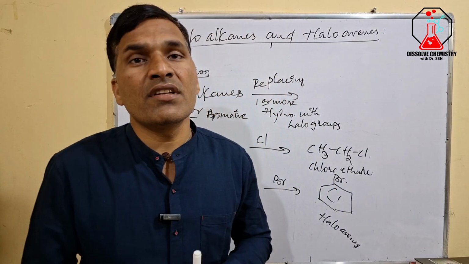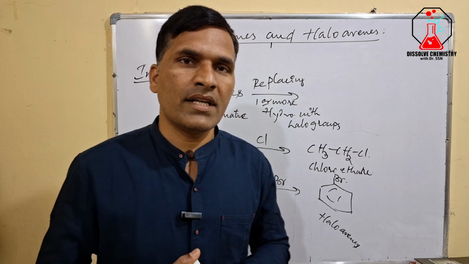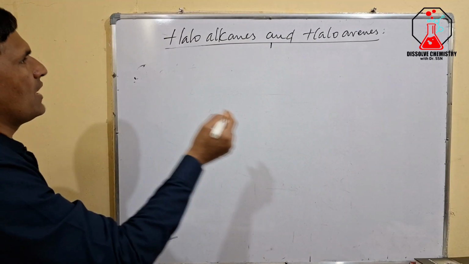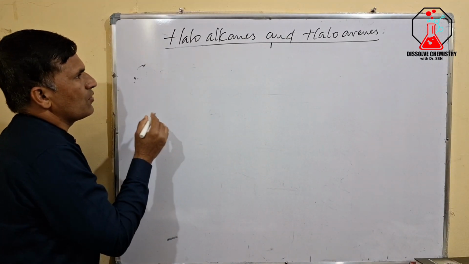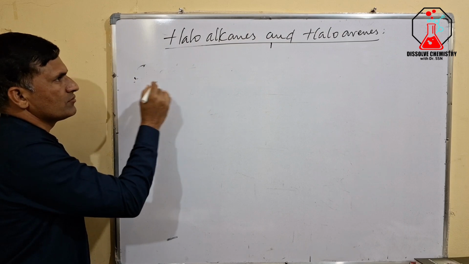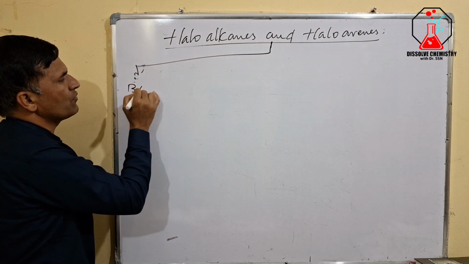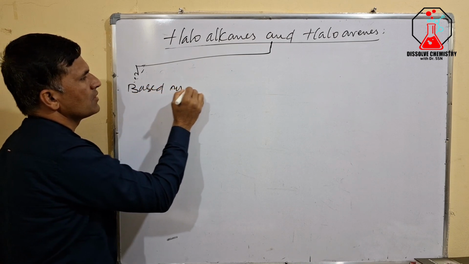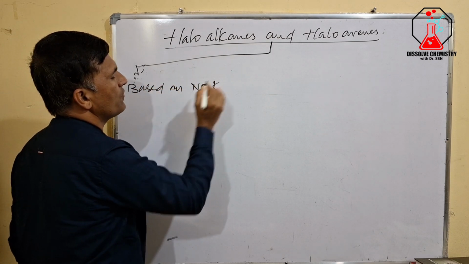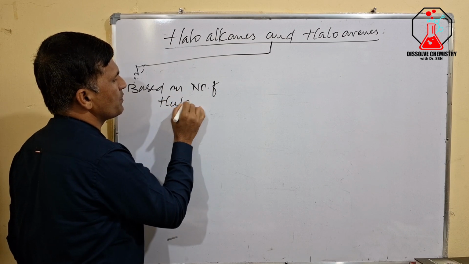First we will start with the classification of haloalkanes and haloarenes. The classification is based on two criteria. One is based on the number of halo groups present.